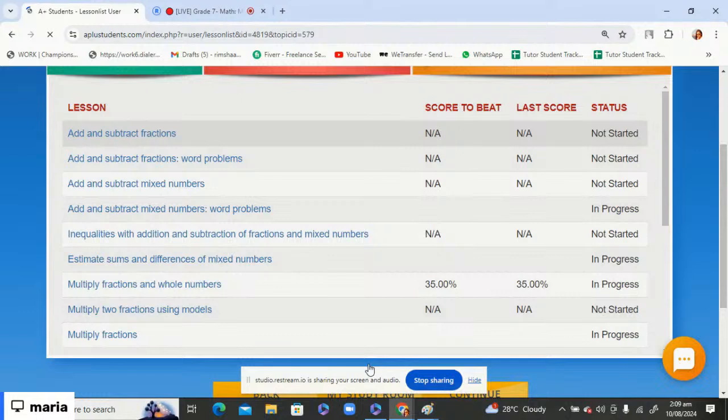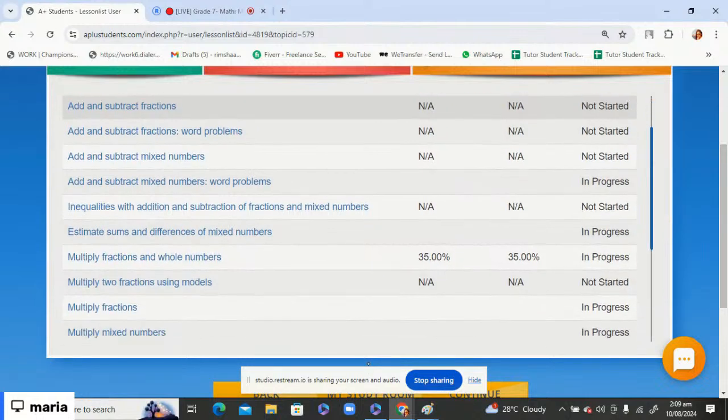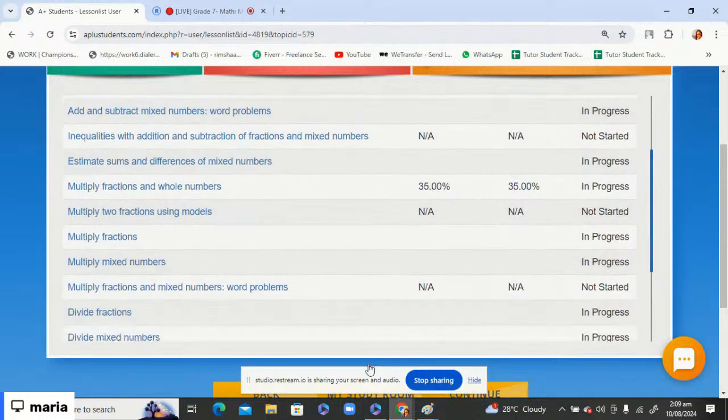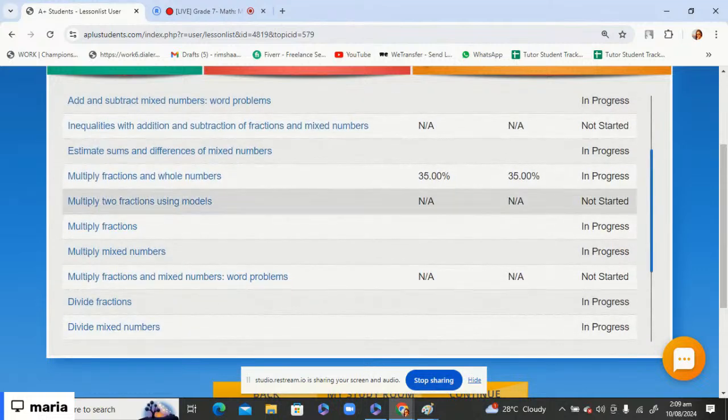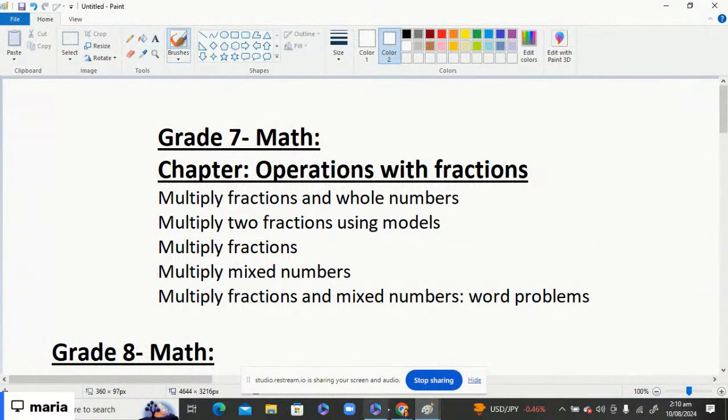Okay, so now we have done multiplying a fraction and a whole number. Now let's do the next lesson, which is multiply two fractions using models.